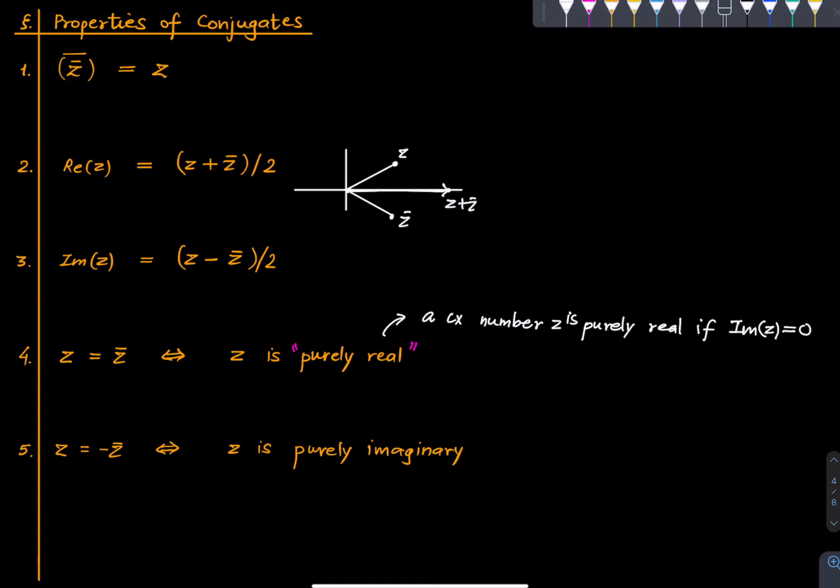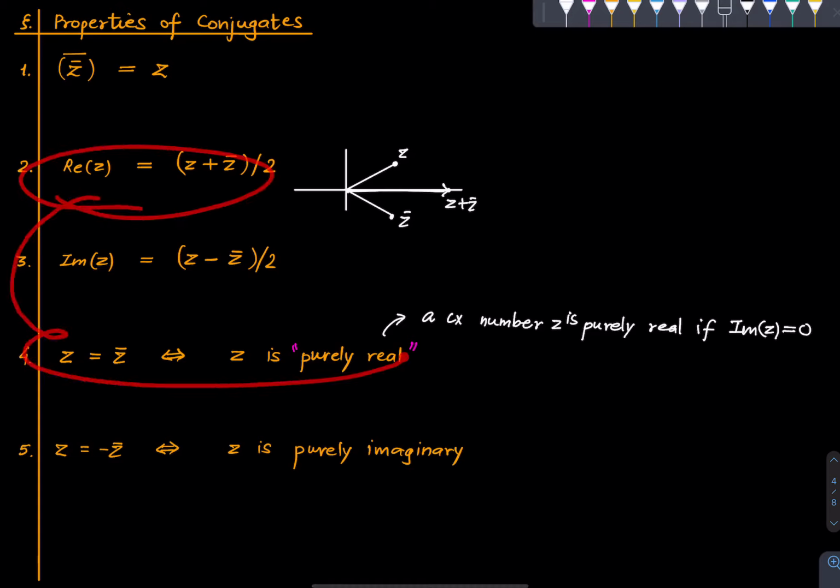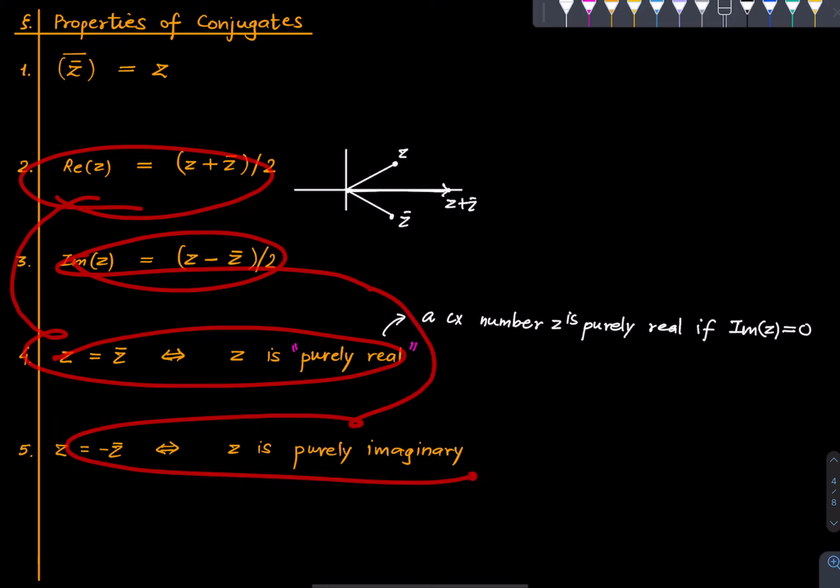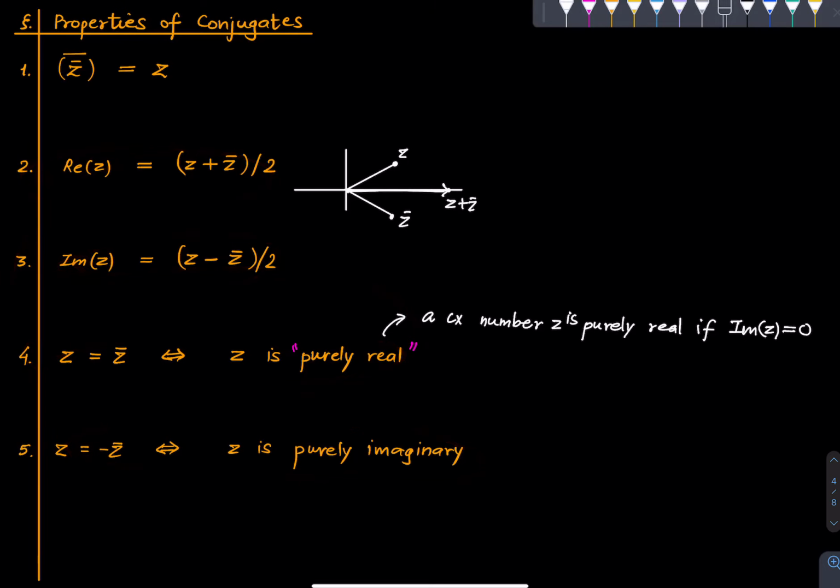So immediate from this we have that, and immediate from this we have that. So complex conjugates capture, of course, there's nothing to capture there, but you could say in some algebraic fashion they capture the reality or the imaginarity of a complex number, whatever that means. All right.